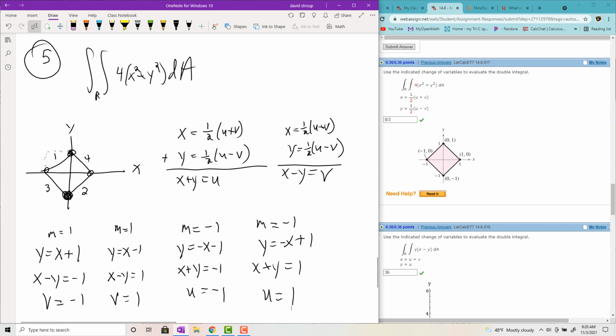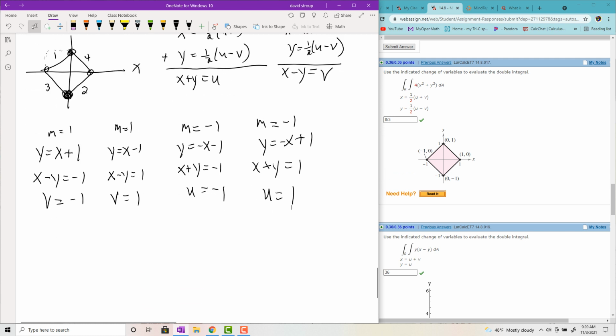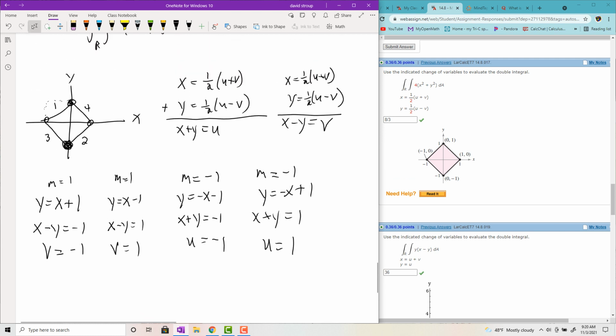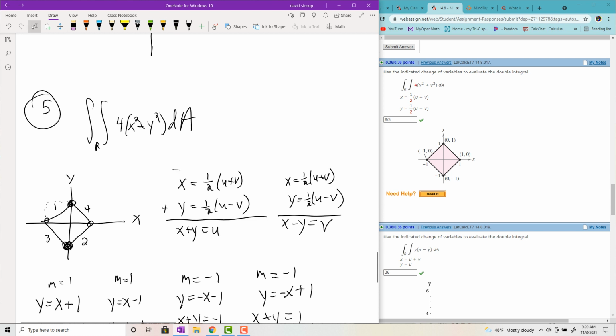Okay, you're also going to need your Jacobian. So the Jacobian will come from your substitutions here. So my Jacobian is going to be the partial of x with respect to u is 1/2, with respect to v will be 1/2 if you just distribute the 1/2.